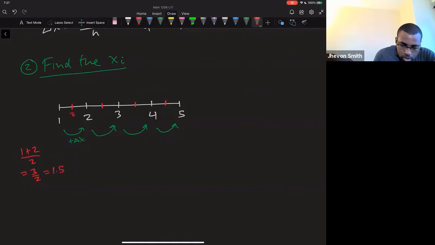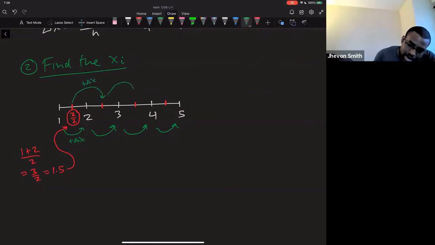So let me just write this in first. 3 over 2, that's going to be the first guy that you put in. Now, once you have the 3 over 2 or the 1.5, from that point, you can start adding your delta x to get to this one.